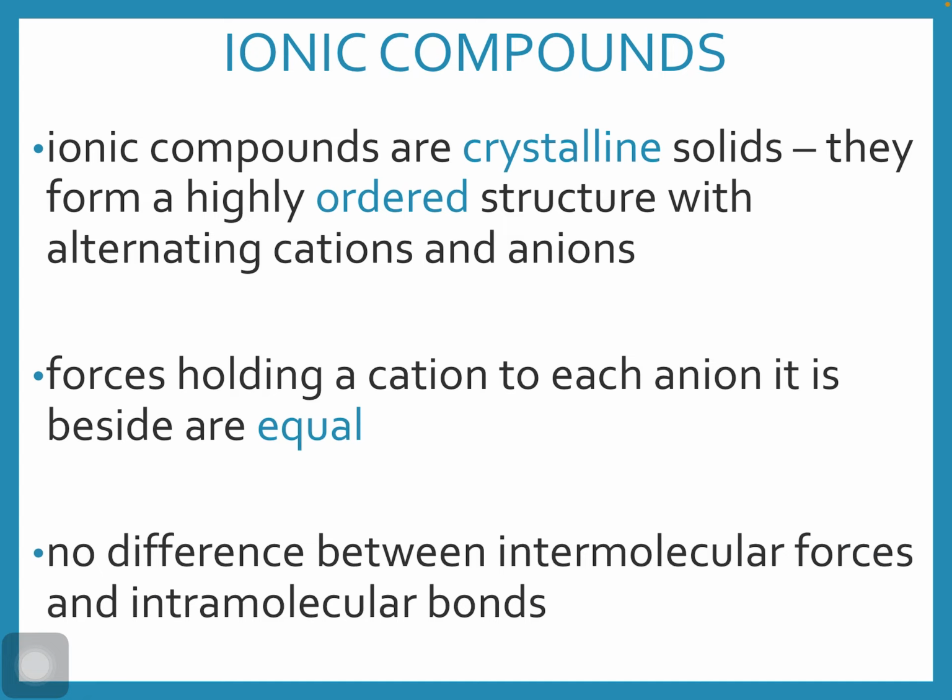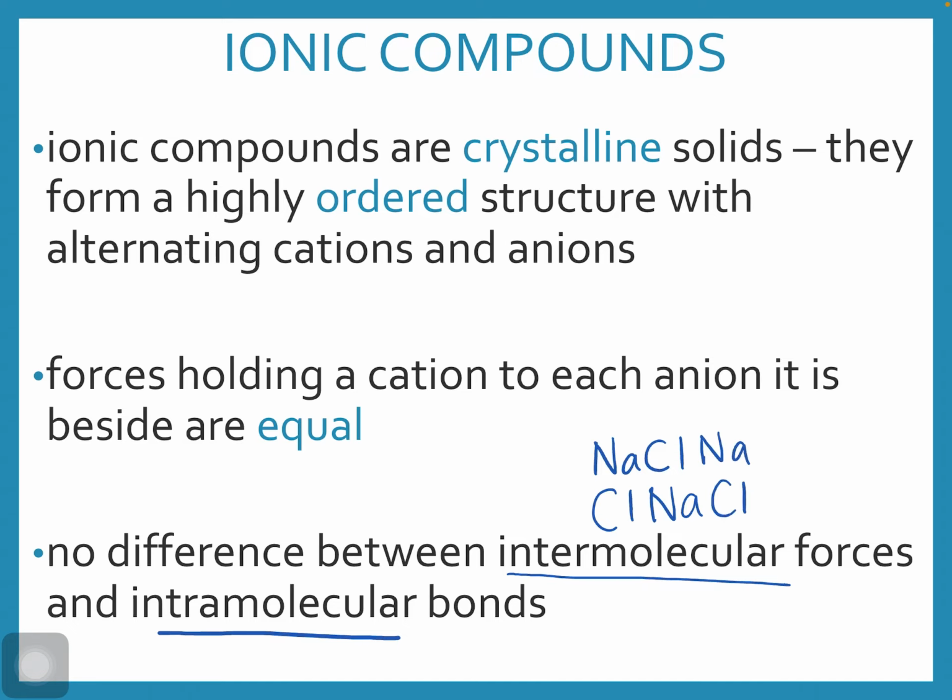So here, there is no difference between the intermolecular and the intramolecular, which is why we can't distinguish which, in this case, sodium and chlorine form one unit of sodium chloride. So as I have another unit of sodium chloride here beside it, and this continues, and these are all positively charged or negatively charged.